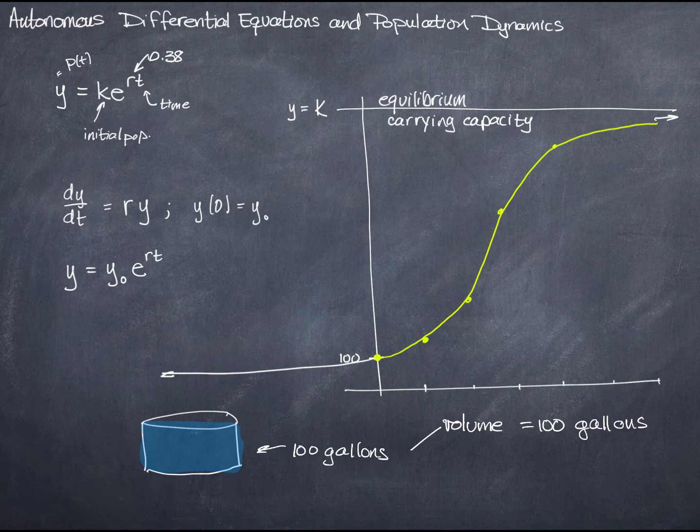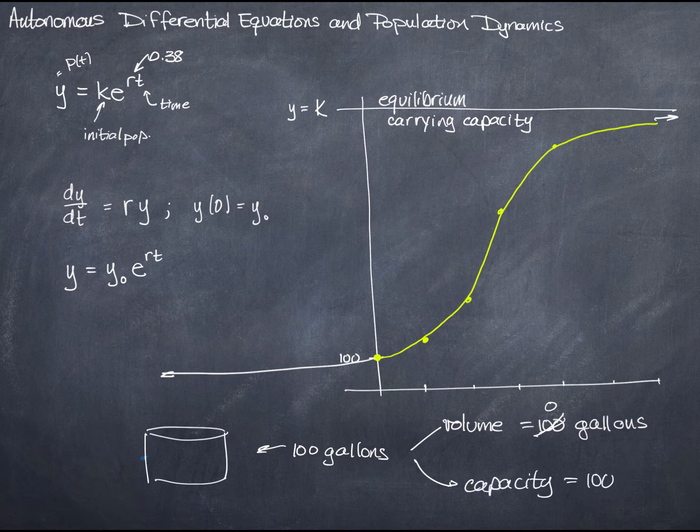When it's empty, let me just make an empty tank. When it's empty, the volume of water is 0 gallons, but the capacity is still 100 gallons. The capacity is how much it can hold, whether it has anything in it or not.